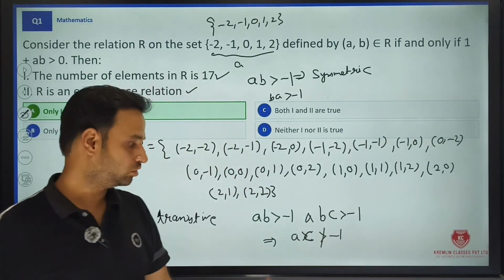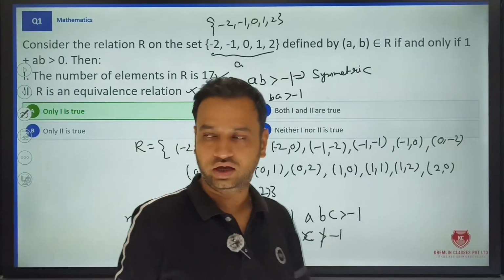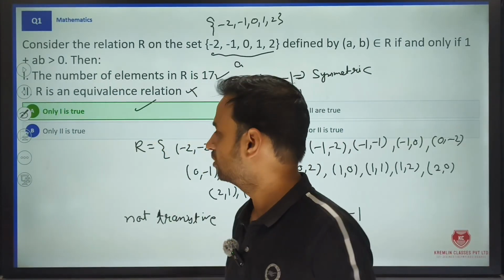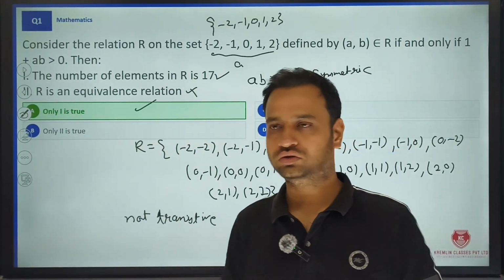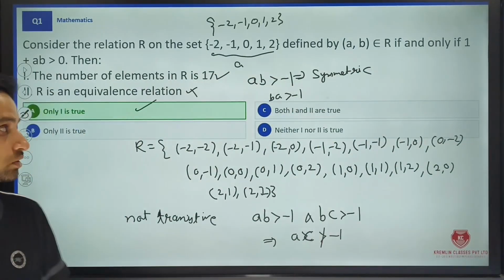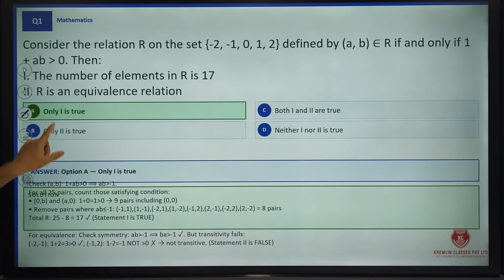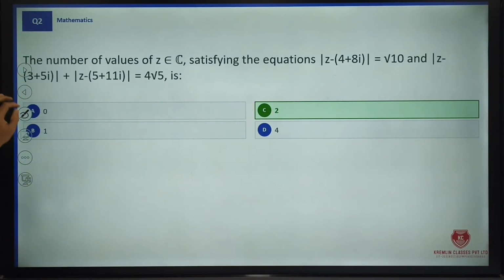So it is not transitive, and so it is not an equivalence relation. Here the answer comes out to be that only one is true. So let us quickly move to the second question because we have to solve the paper quickly.